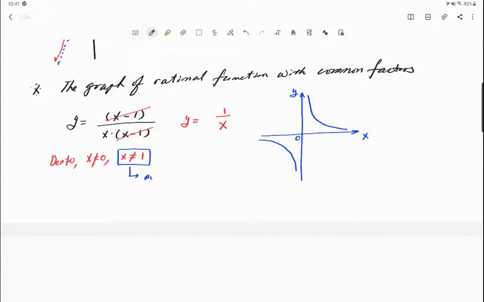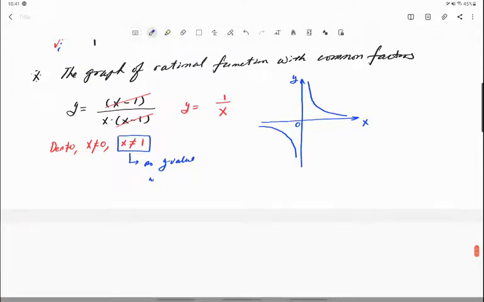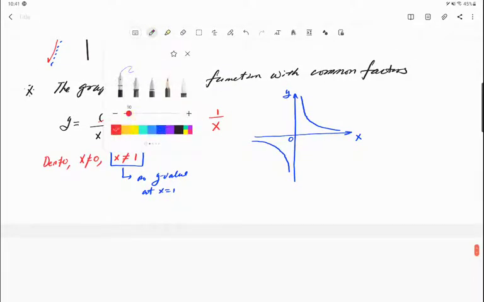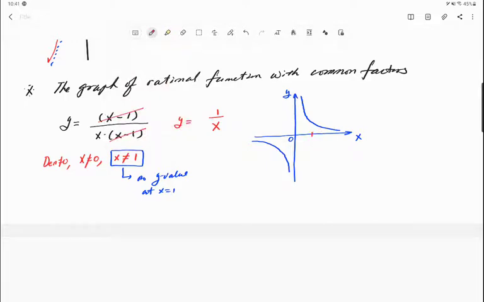So this means no y value at x equals 1. So in this case, if x equals 1, then y equals 1, right? But we will remove this part. There is a hole inside.